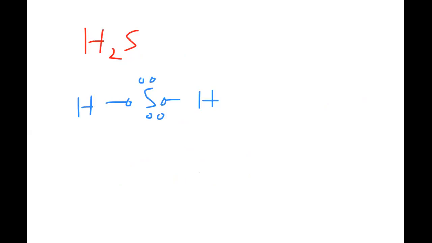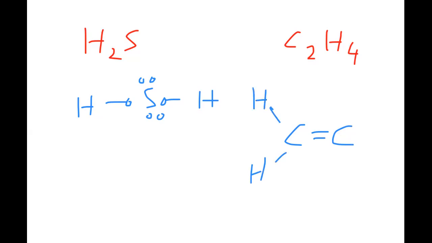If we had, for example, SO2, oh, I did SO2 already. If we have C2H4, that is ethene. A rough diagram for this, there is a double bond between the carbon atoms, and then there are 4 hydrogen atoms.